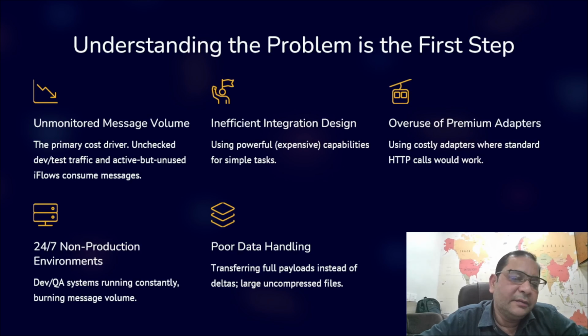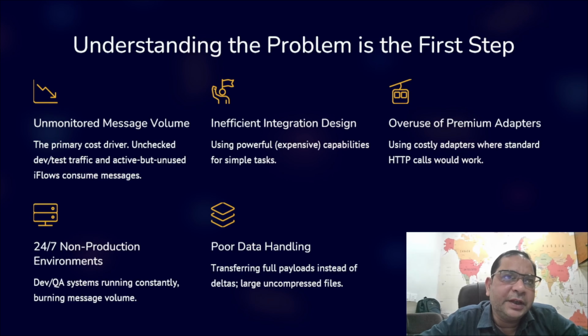Then, 24/7 non-production environments. Dev and test systems running constantly, burning message volumes. In production, I understand that production should be up and running 24/7. But did you actually need your dev and QA systems 24/7?